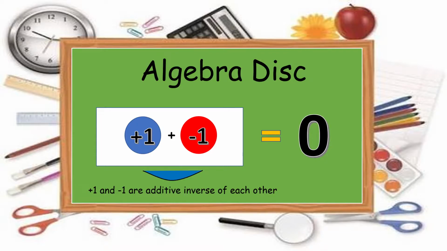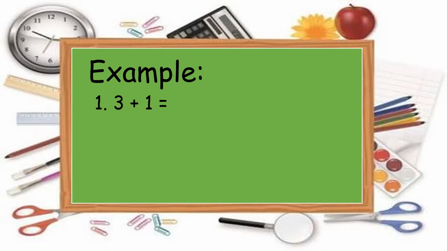Example number 1, we have positive 3 plus positive 1. So, first thing, we need to draw the disk. Yung positive 3, we're going to represent it by 3 blue disks. At yung positive 1 naman, we're going to represent it by 1 blue disk.